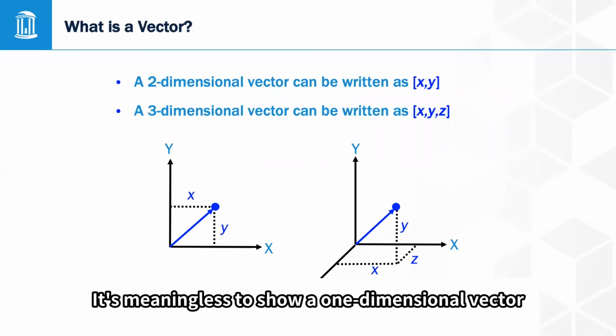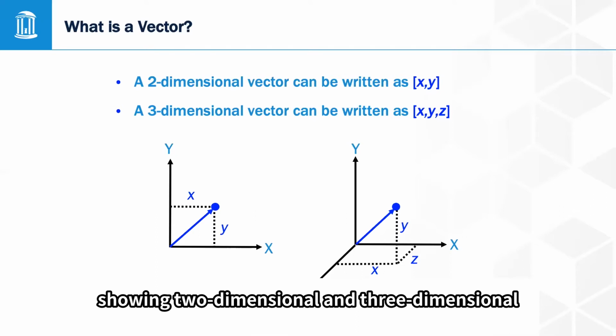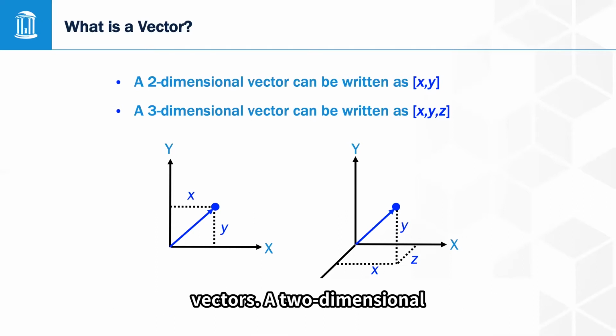It is meaningless to show a one-dimensional vector as it will be just a fixed point. Here are the examples showing a 2-dimensional and a 3-dimensional vectors. A 2-dimensional vector can be written as a bracket with 2 elements in it, while a 3-dimensional vectors can be written as a bracket with 3 elements.